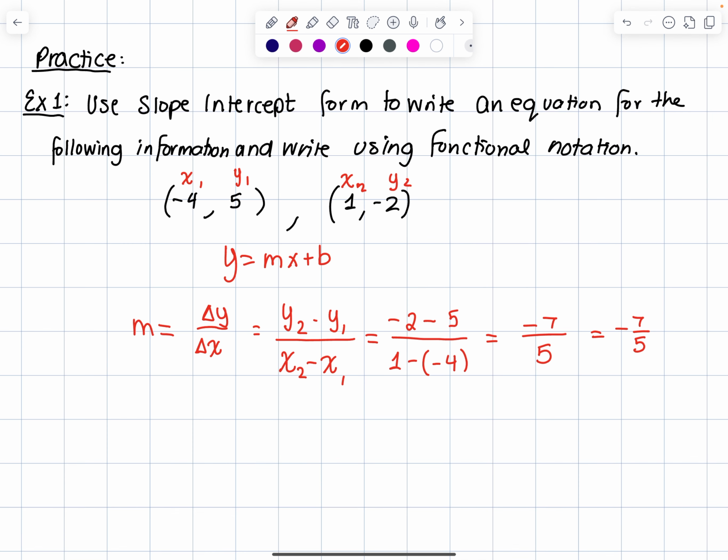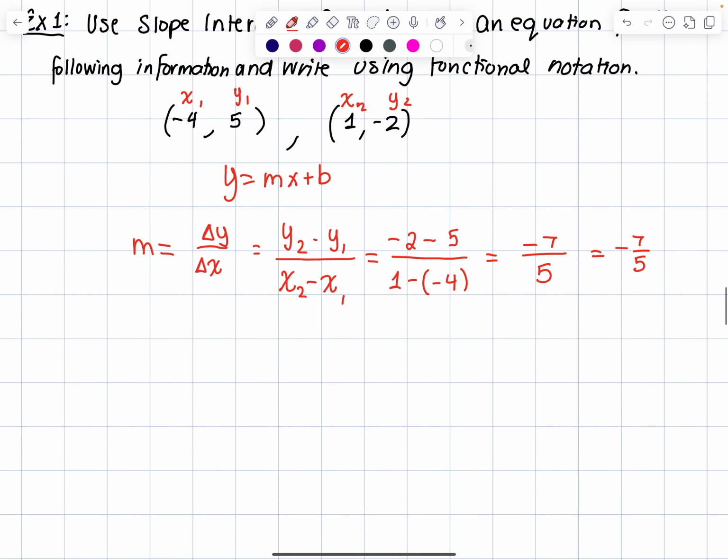So now what we want to do is substitute this into our y equals mx plus b, so we get y equals negative 7 fifths x plus b. Now what we need to do is solve for b. Where do we get the x and y values? Well, we already have them from one of our pairs of coordinates.